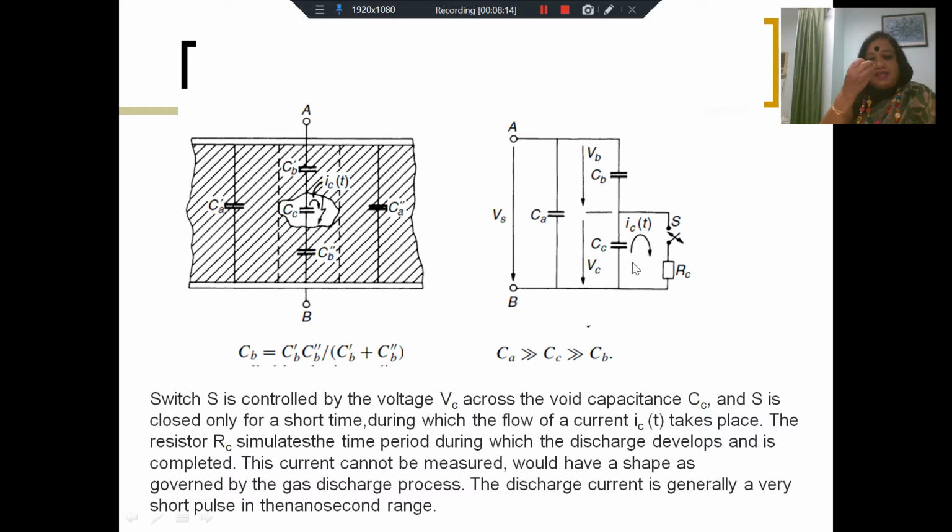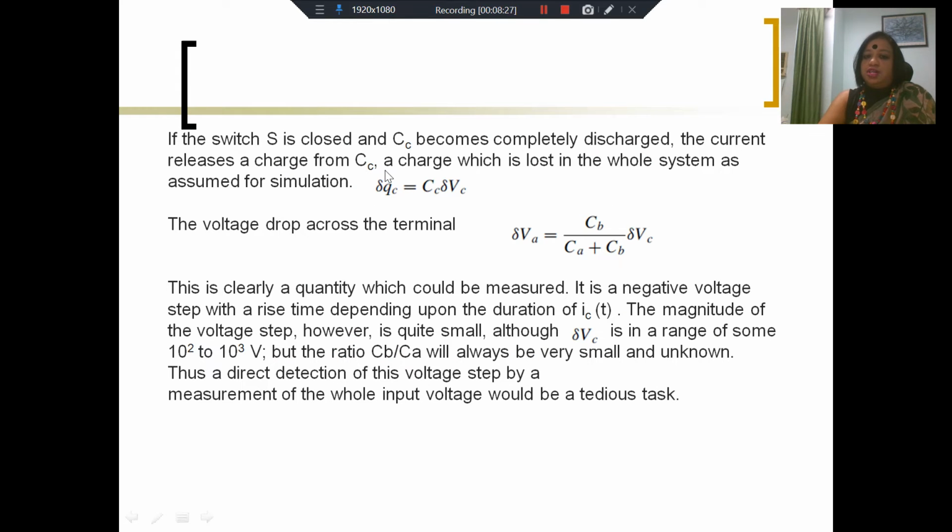Now, when this ICT current flows, a quantity of charge QC, which was present across the void before discharge, is discharged, and we would like to measure this quantity. This quantity of charge which is implicated in the discharge is related to the fall in voltage, or the voltage drop across the void.